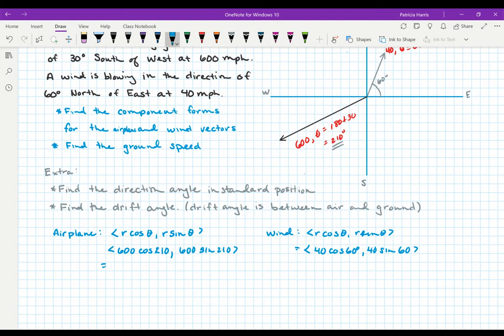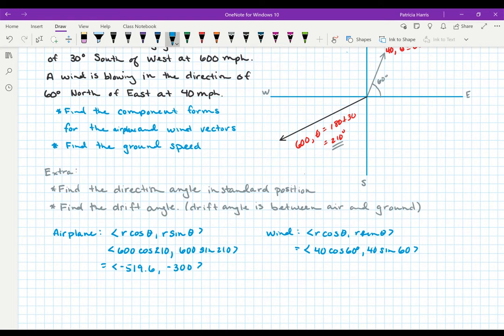So 600 cosine 210 is negative 519.6. And then 600 sine of 210 is negative 300.